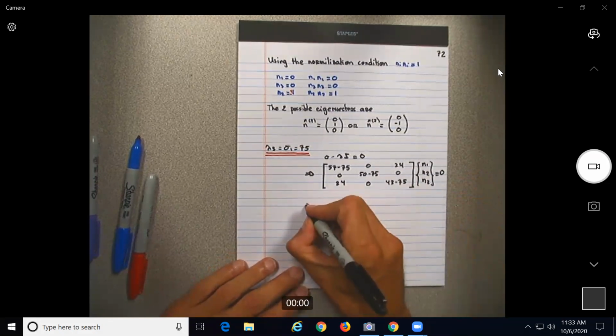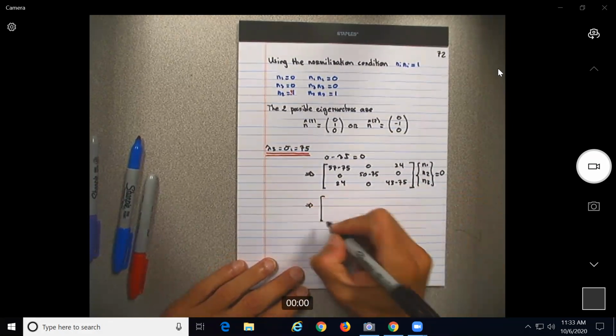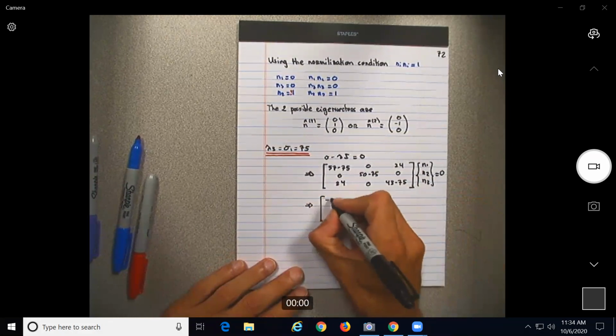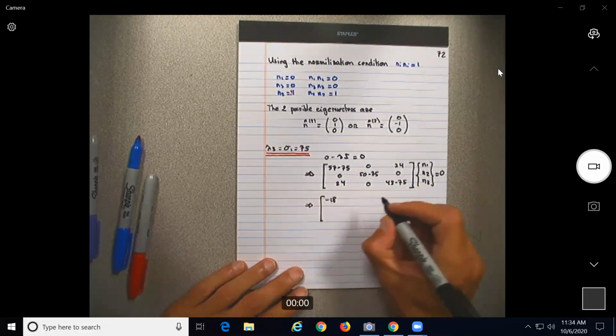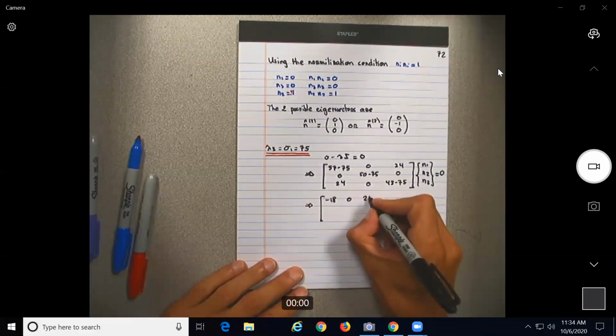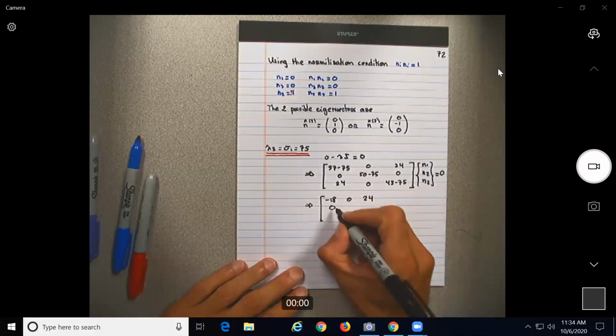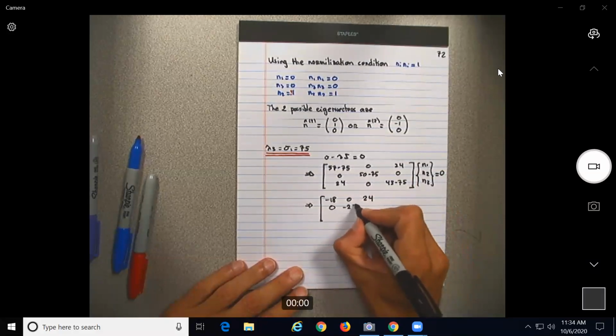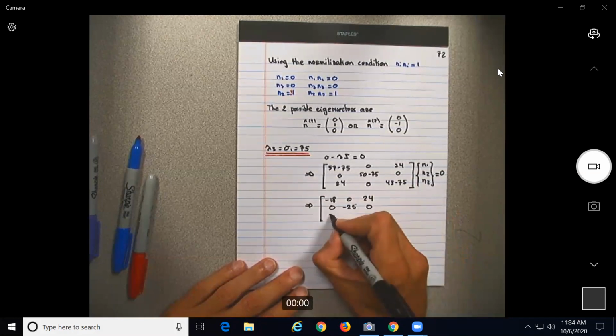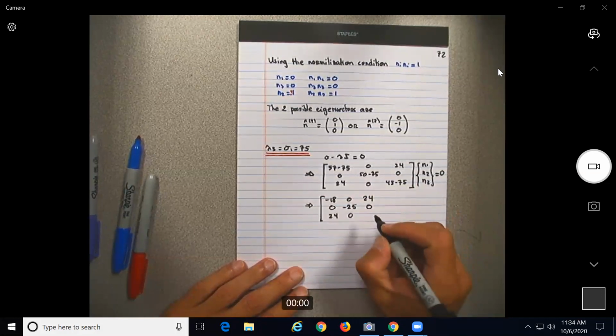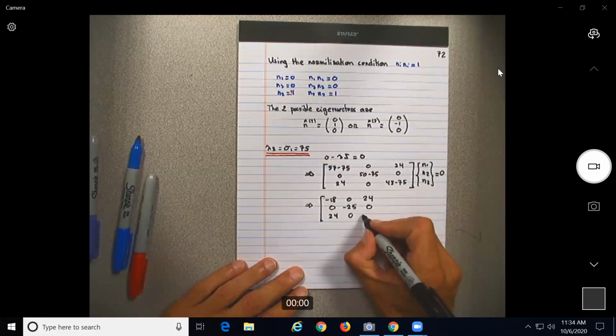So once you do the calculations, you get negative 18, 0, 24, 0, negative 25, 0, 24, 0, negative 32.